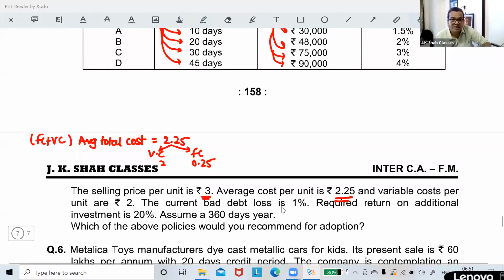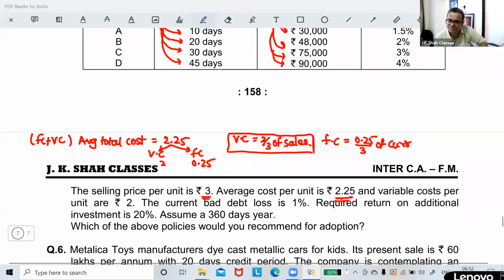So what we can say is variable cost is two-thirds of sales. Correct? Variable cost is two-thirds of sales. Yes. So what will be 0.25? This helps you to apply in calculating variable cost. What will happen to fixed cost? Fixed cost is 0.25 by 3 of the current level of sales. What is the current sale given? The current sale is 6 lakh. Correct, friends?